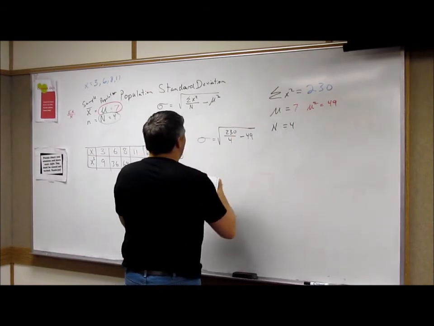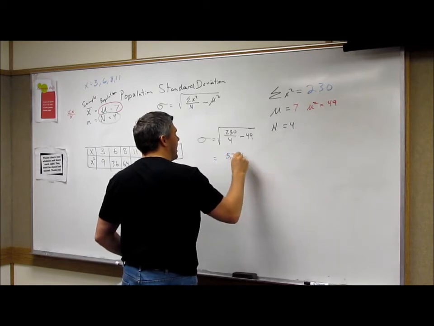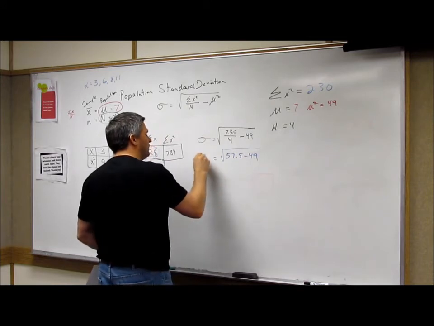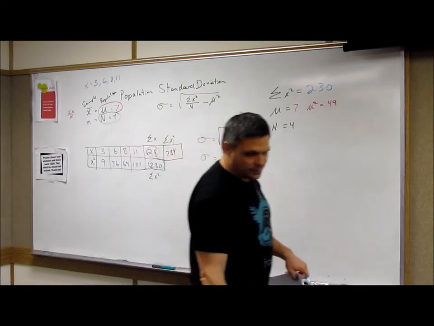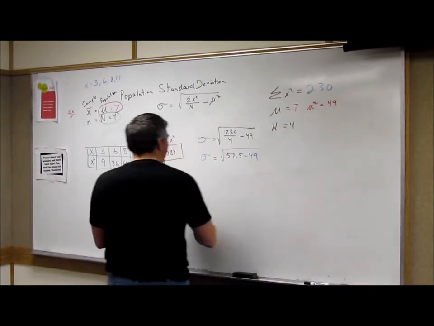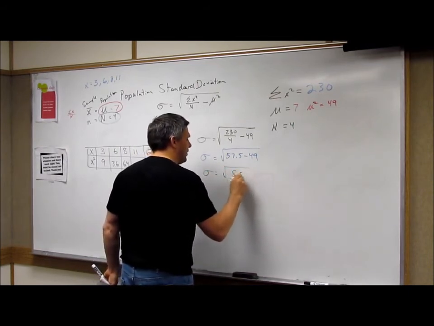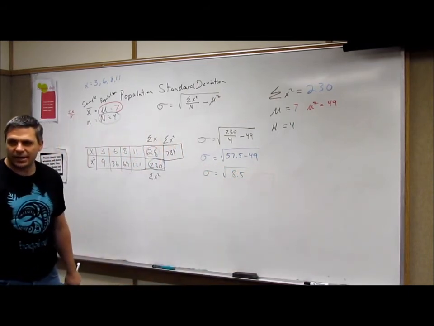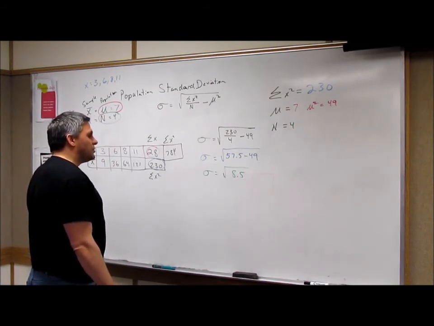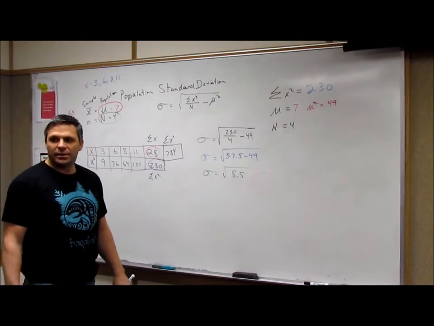Then 57.5 minus 49 equals 8.5. So the square root of 8.5. That's our actual answer.